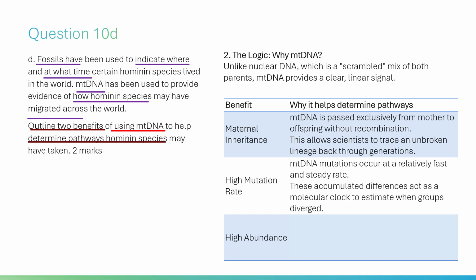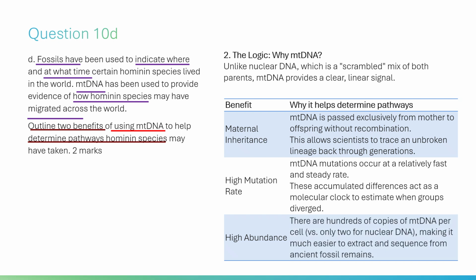High mutation rate. mtDNA mutations occur at a relatively fast and steady rate. These accumulated differences act as a molecular clock to estimate when groups diverged. High abundance. There are hundreds of copies of mtDNA per cell versus only 2 for nuclear DNA, making it much easier to extract and sequence from ancient fossil remains.